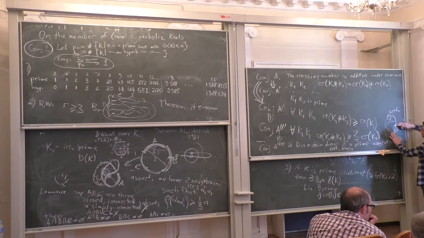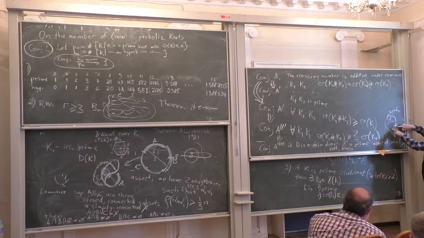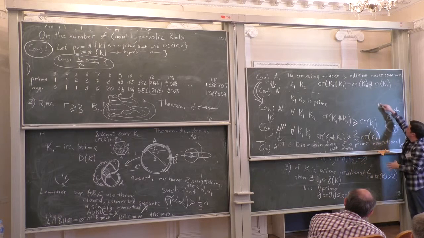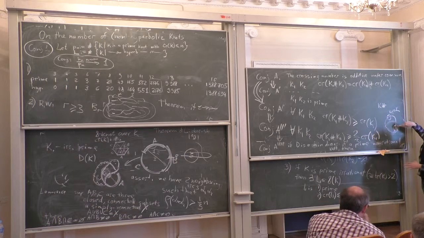But when I delete one of these strings, I obtain some diagram which has a smaller number of crossings. And this diagram with fewer crossings represents some knot which is K and maybe something else.